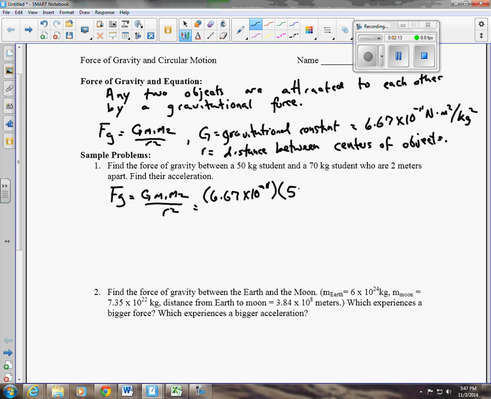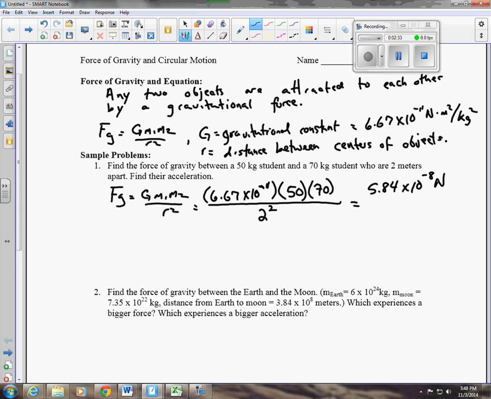The masses are 50 and 70, divided by the distance between them, which is 2 squared. When we do that, we'll get a value of 5.84 times 10 to the minus 8 newtons.